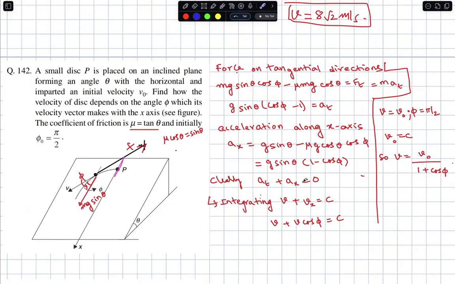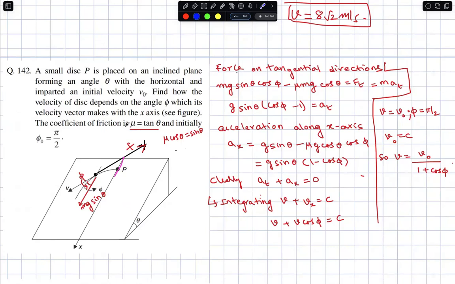Now I'll try to integrate this. If you are integrating acceleration, you'll get velocity. V plus Vx is some constant C. Don't forget, at a given instant, if this is V, this is V cos phi, which is called Vx. I've written that here. When t is equal to 0, initially phi naught is pi by 2.